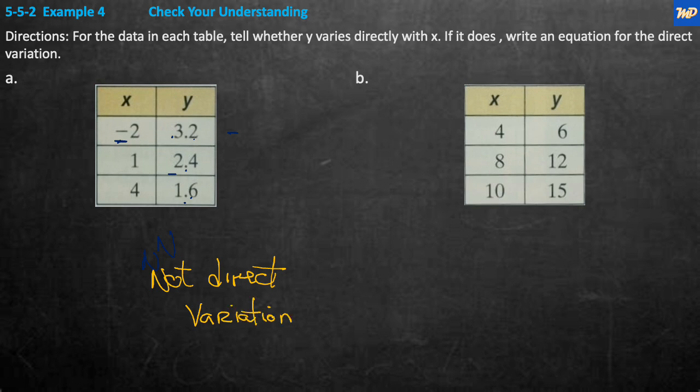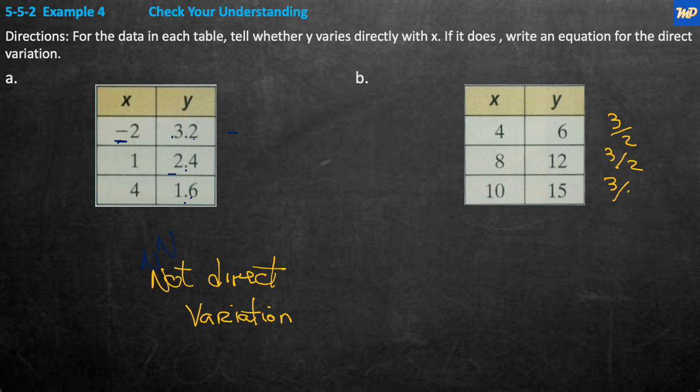Okay. How about this one? 6 divided by 4 is equal to 3 halves. Okay. How about 12 divided by 8 is equal to 3 halves, right? You can take a 4 out of both of these. 12 is a 3. If you take a 4 out, 8's a 2, right? And how about 15? You can take a 5 out of each of these in the bottom and you get what?